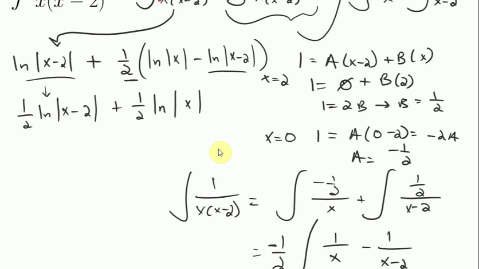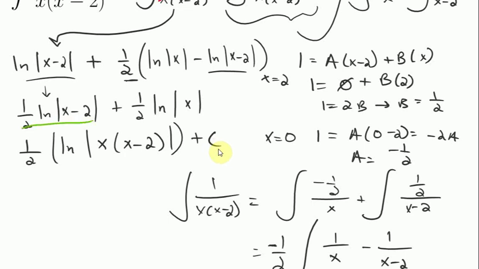Now, we're going to use some log rules here. We're going to say this is equal to 1/2 of the ln. Remember, adding natural logarithms, we can just multiply the things inside together: x times x minus 2, plus c. And here is your answer.